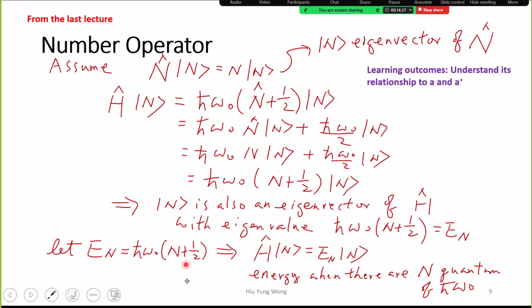And then I also convince myself capital N is the number of photons inside the system. However, we still have not determined what is the value of N. Can it be negative? Can it be fractional or even irrational? But if we accept N as just a number, half or half photon, whatever, let's assume it is okay, then everything works well.